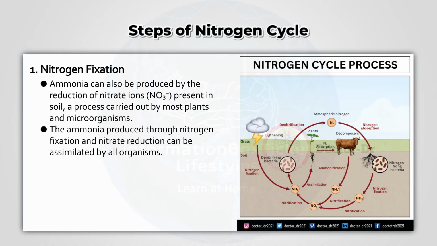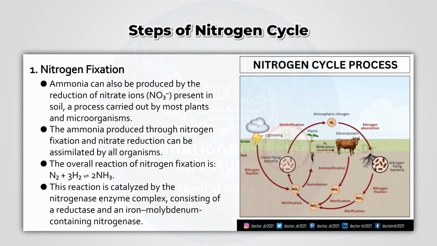The ammonia produced through nitrogen fixation and nitrate reduction can be assimilated by all organisms. The overall reaction of nitrogen fixation is: 1 molecule of nitrogen gas reacts with 3 molecules of hydrogen gas to form 2 molecules of ammonia.